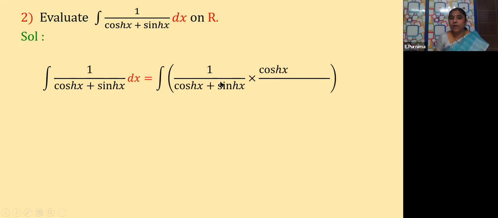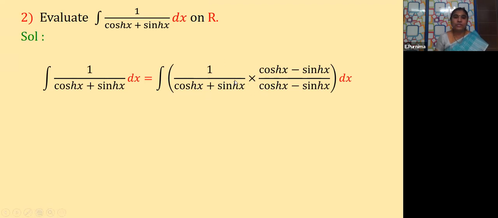So what we try to do is multiply this function with its conjugate. Multiplying and dividing by the conjugate, which is the same terms with the minus sign: 1 by cosh x plus sinh x, into cosh x minus sinh x by cosh x minus sinh x. In this kind of sum, when you have an irrational number, you rationalize it by multiplying with conjugates.